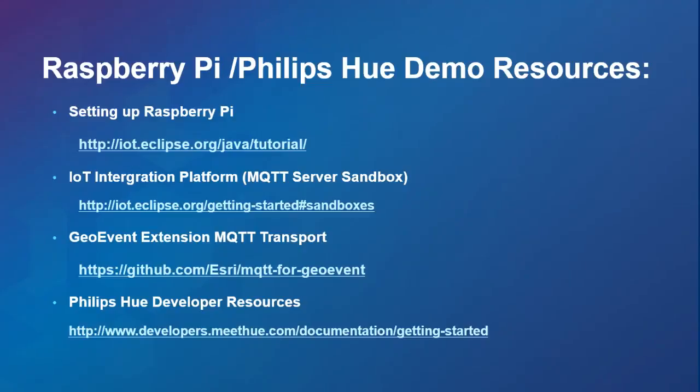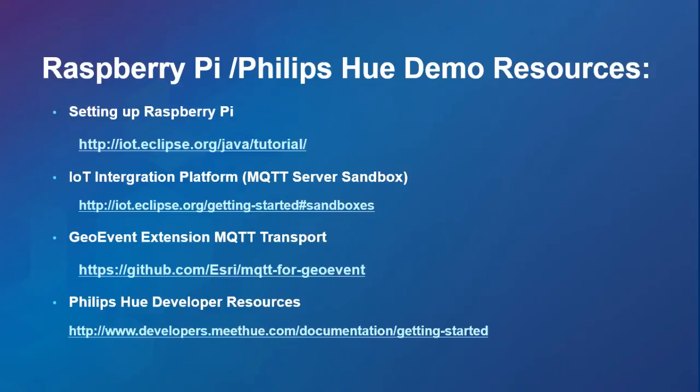So if you are interested, you can get some hands-on experience by setting this demo up by yourself. Here are the resources that can help you build this demo. The first link points to a website that talks about how to set up the Raspberry Pis. The second link talks about the IoT integration platform, which is the MQTT broker hosted by eclipse.org.